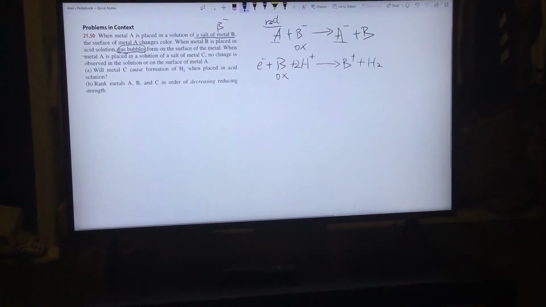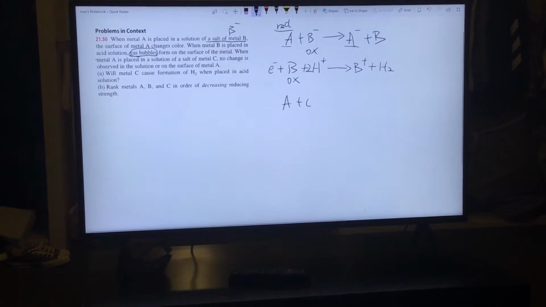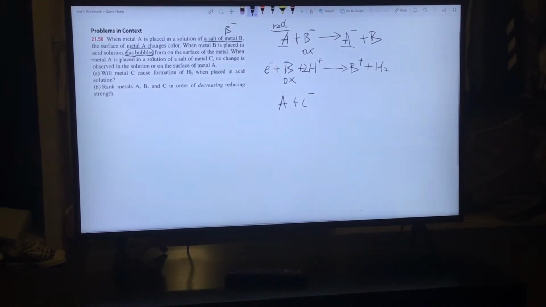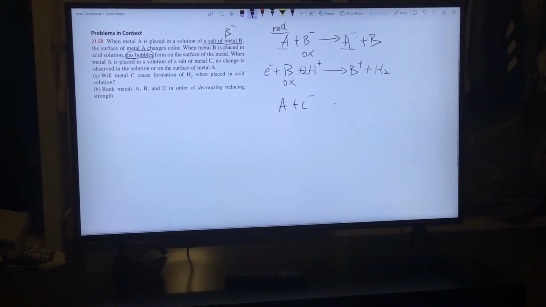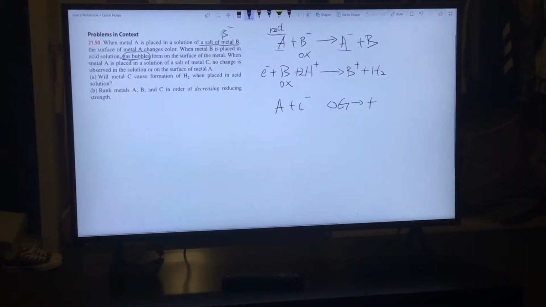And when metal A is placed in a solution of the salt of metal C, so A plus C minus, no changes observed. So the delta G is positive, meaning that it's not spontaneous.